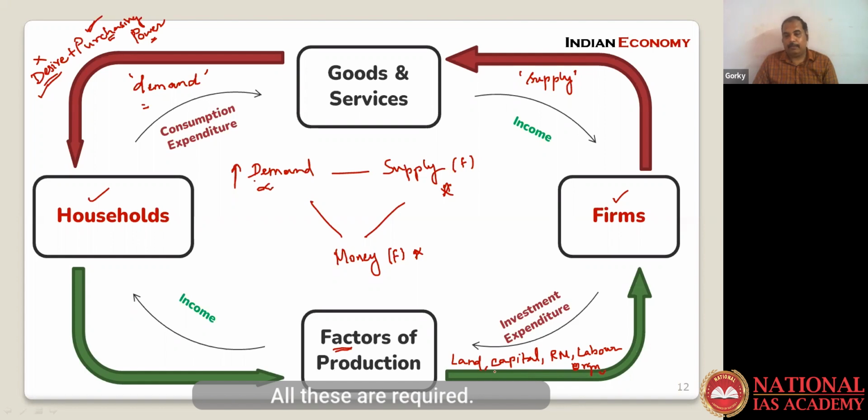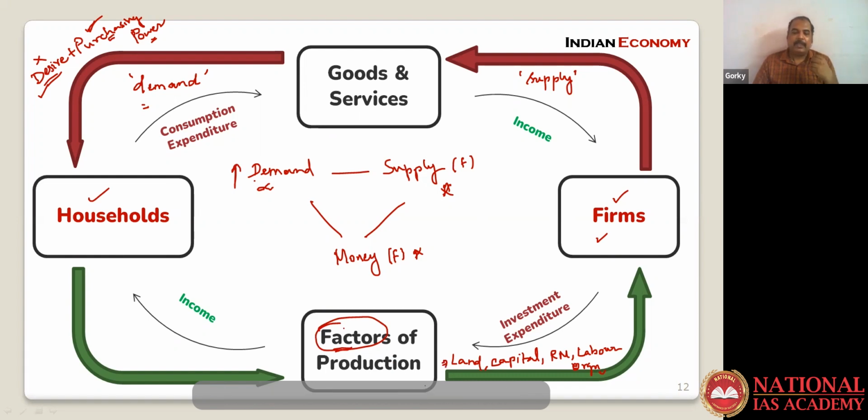All these are required. When all these are there, then only the firm can establish a supply chain, right? From where are these factors provided? Factors of production are the ones who supply the firms with certain basic requirements.